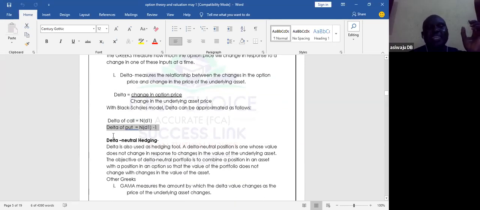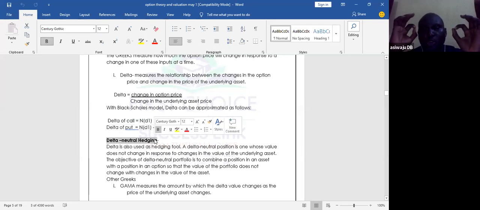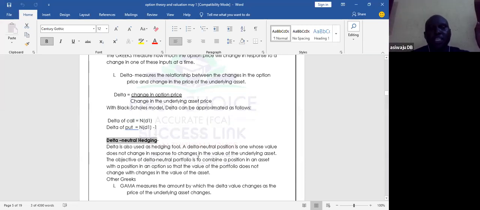Now, what we call delta neutral hedging. I also tried to explain this in my voice notes. Delta can be used as a hedging tool. A delta neutral position is one whose value does not change. Please highlight it.